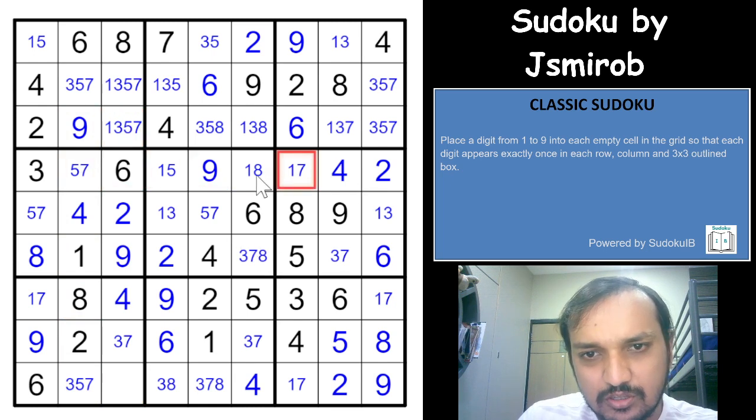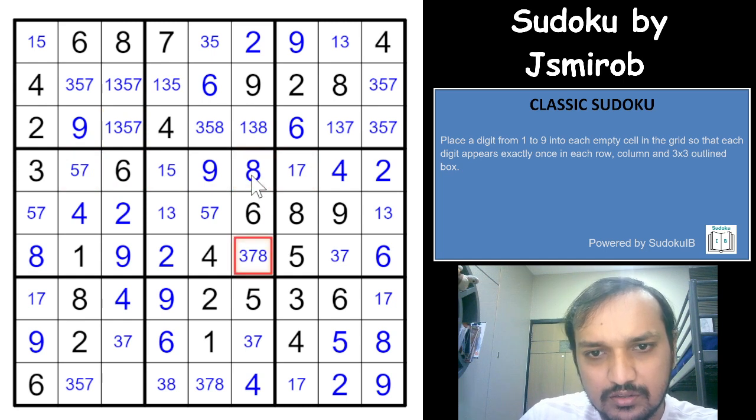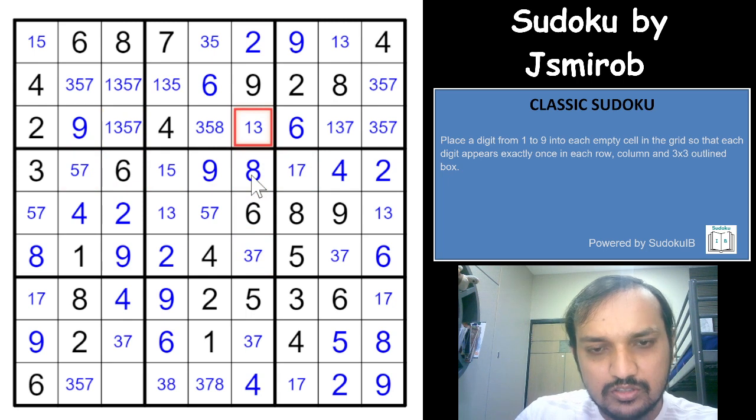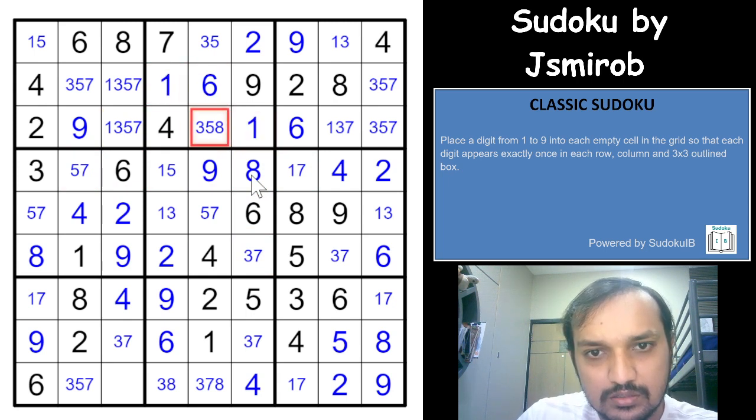Oh, 1 5 7 triplet here, so that gives you an 8 here. 3 7 pair here, that gives you a 1 here. Removes 1 from this cell, and that gives you an 8 here.